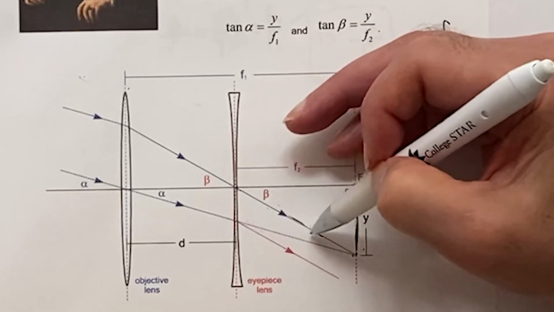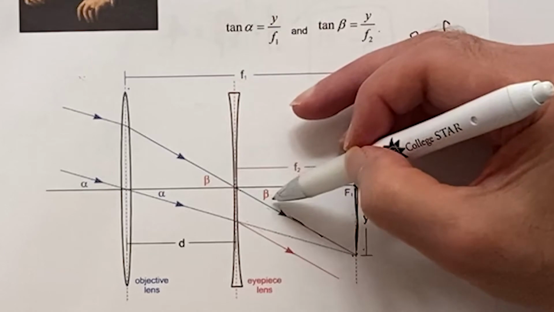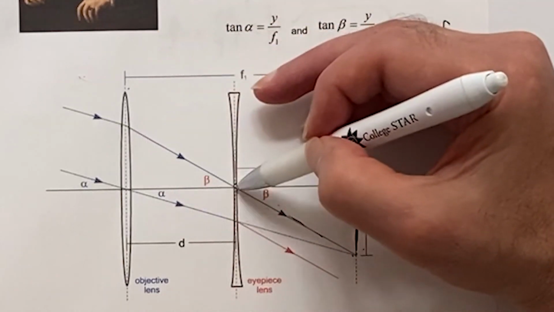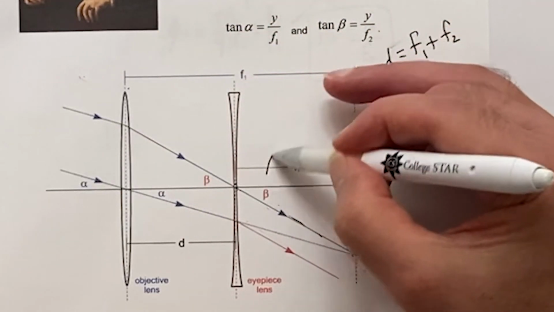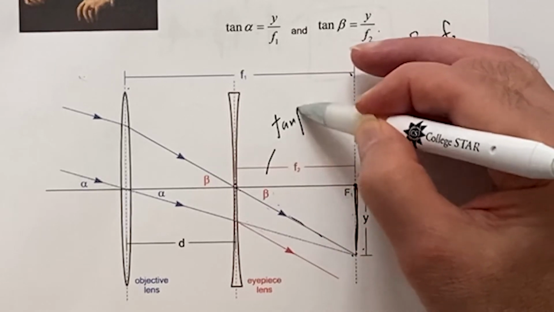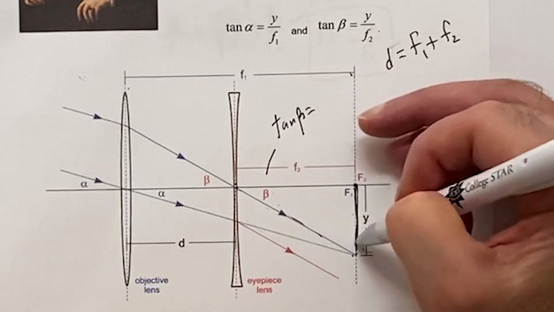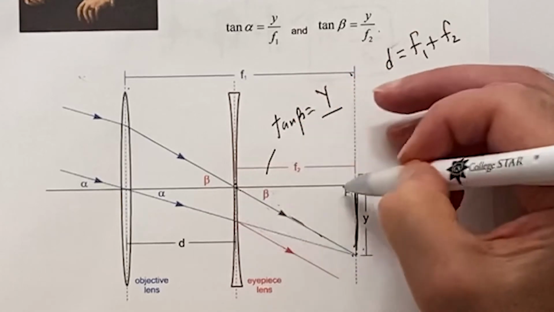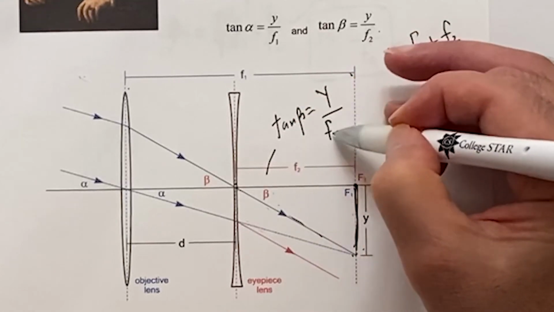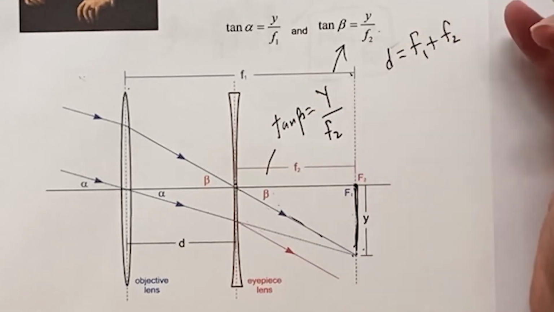This also defines beta, because this one goes through the center, it doesn't bend. Once I have that beta, I know tangent of beta is y over F2. It's in the book there.